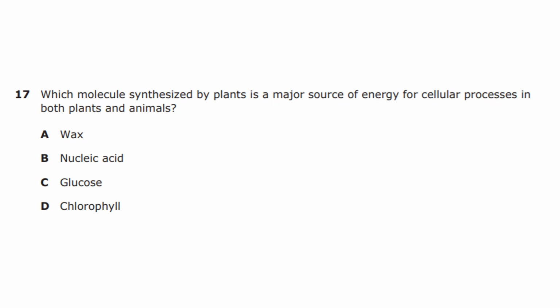The names of all sugars end in OSE, and the only one here that ends in OSE is glucose. All right, so glucose is what our cells use. We eat everything that we eat to eventually break it down into one of two things, either glucose or protein. So even the fats that we eat eventually get broken down into glucose. Well, they don't get broken down into a protein, but they get broken down into glucose. All right.